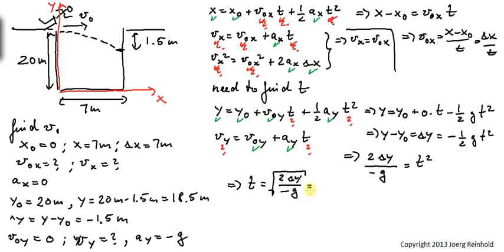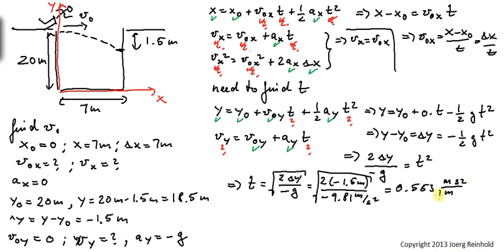It is 2 times minus 1.5 meters divided by minus 9.81 meters per second squared, and from that we get 0.553. Let's look at the units. What we get is meters divided by meters per second squared and the square root over it. So the units is seconds as expected for a time.